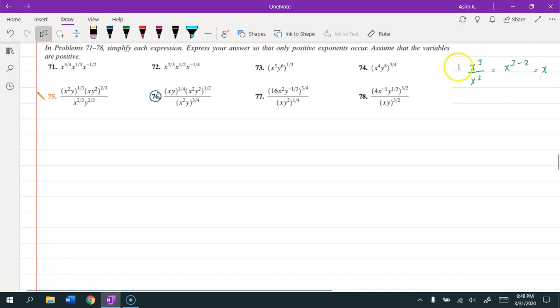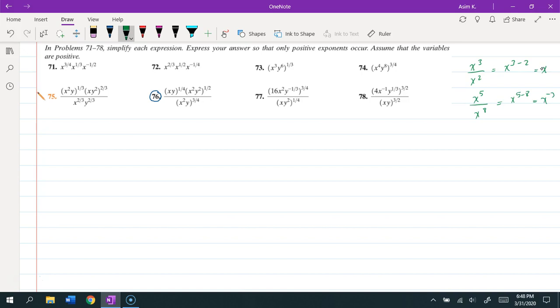Or what I told you is you can cancel 2 of the x's from the bottom with 2 of the x's from the top, and you'll be left over with 1 x in the top. What if we had x to the power of 5 divided by x to the power of 8? What would you do then? Well, it would still be top minus bottom, so 5 minus 8, but unfortunately now you would have a negative exponent.